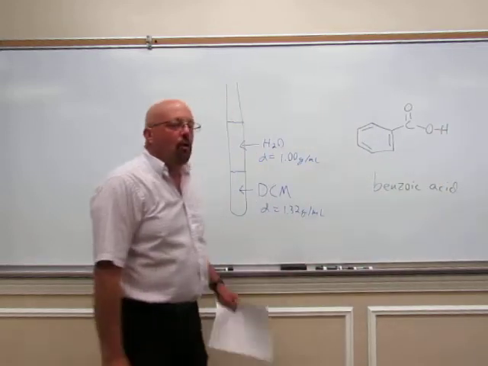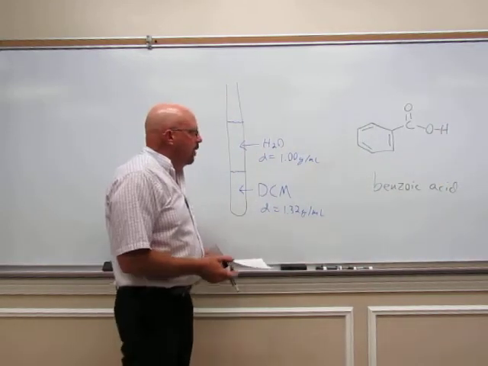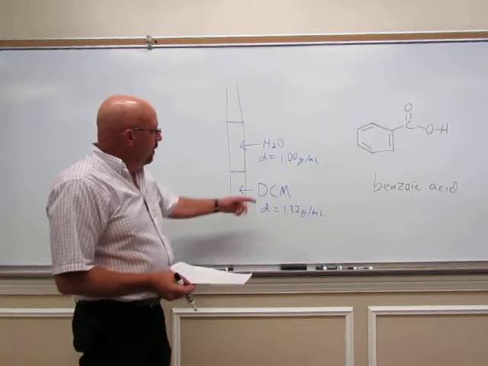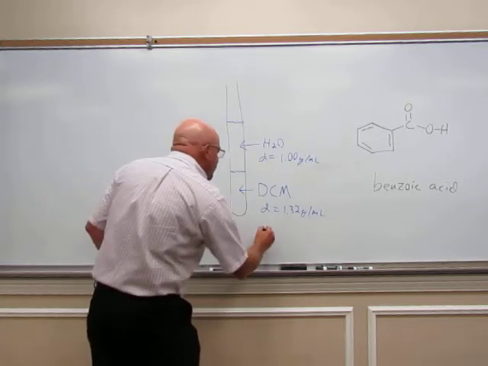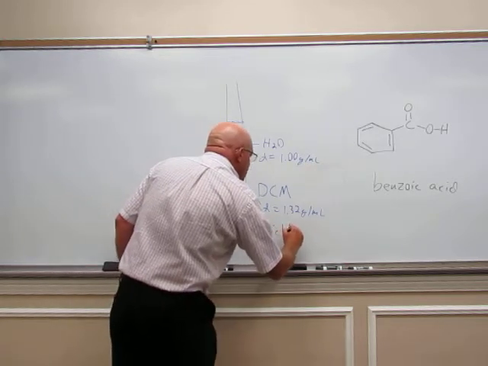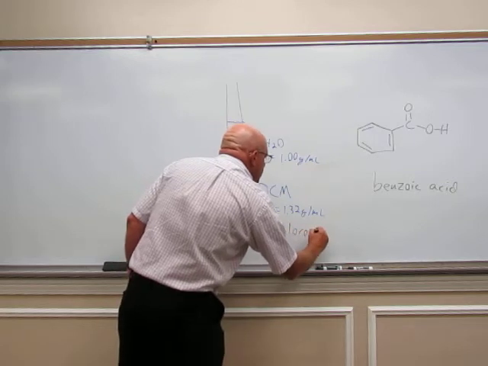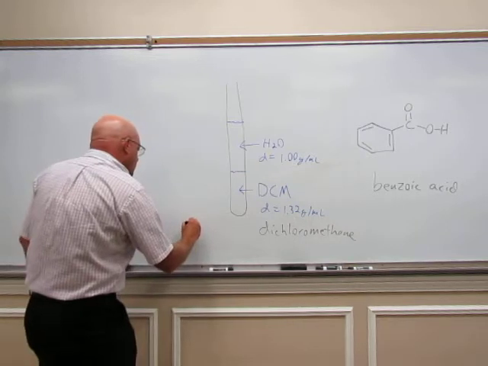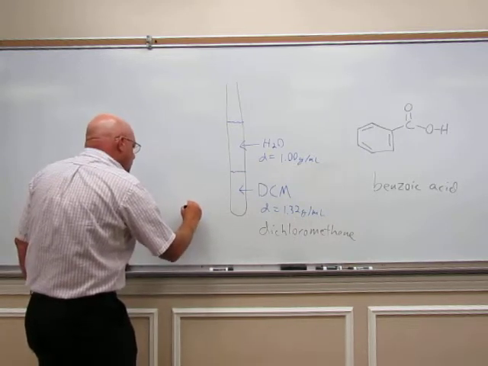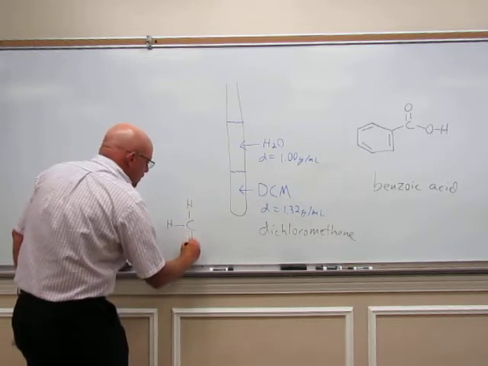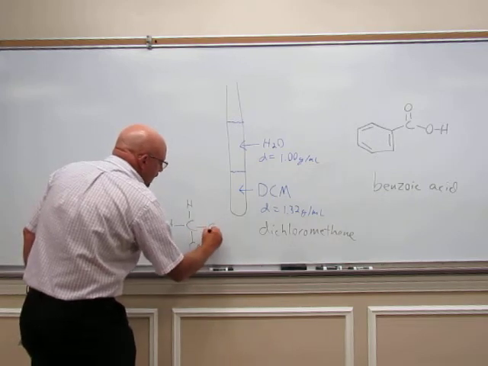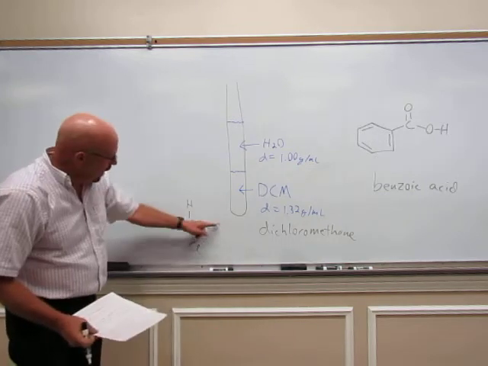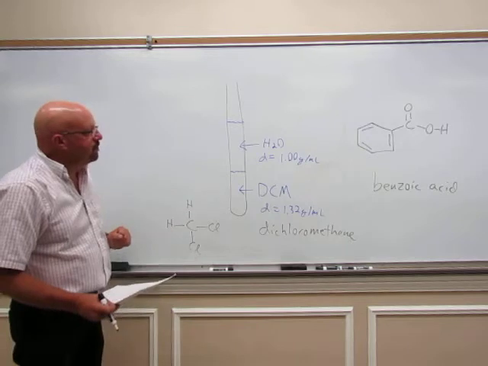So that's our molecule. We'll learn how to name things as we go along in lecture. By the way, the solvent dichloromethane, I'll show you that as well. This is dichloromethane. There's 2 chlorine atoms on a carbon.